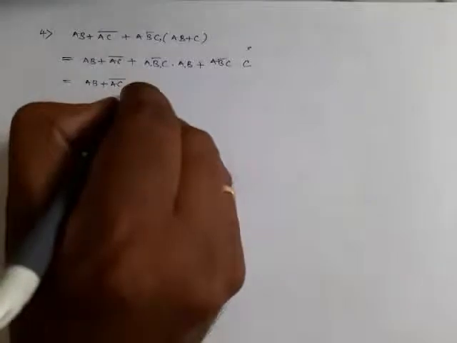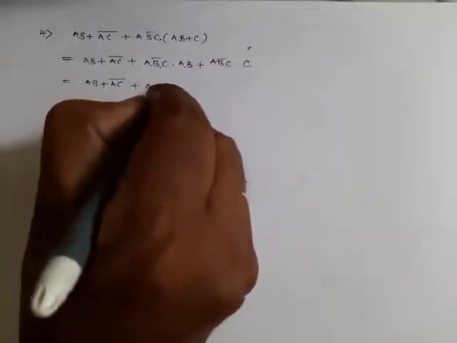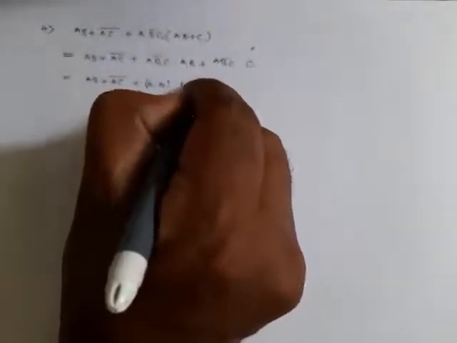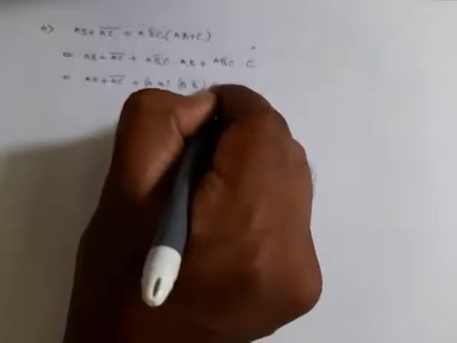So that means it can be written as A dot A dot B dot B bar dot C.